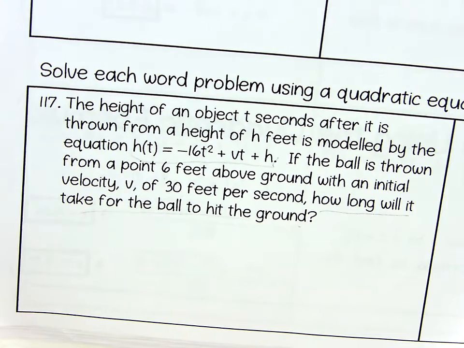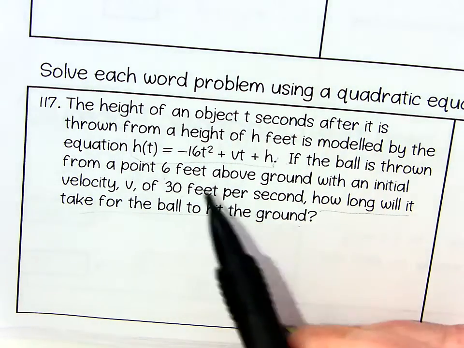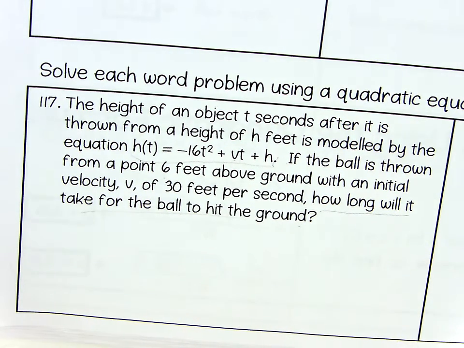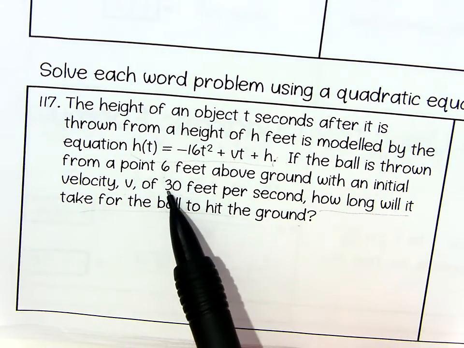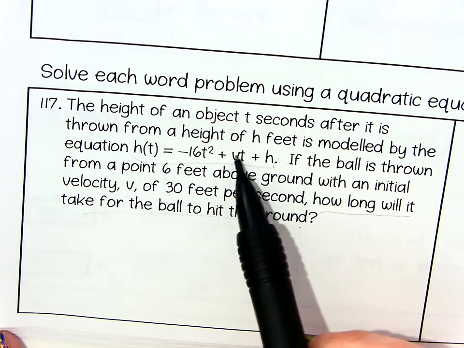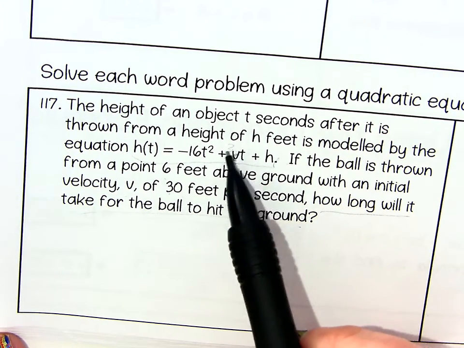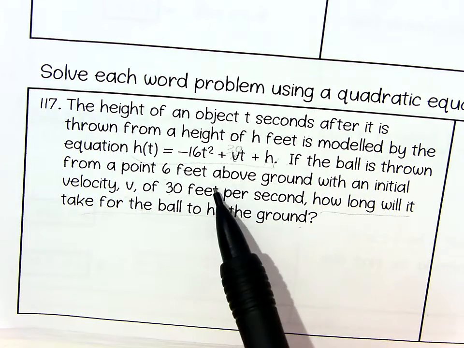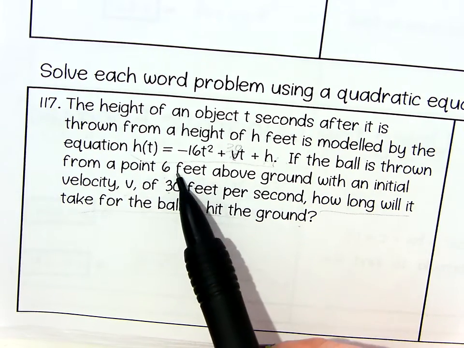It seems like I'm going to be solving for time, so time's going to stay in there. V, well, didn't they give me V? Yes, right here. V, 30 feet per second. So I'm going to replace V with 30. And then H, that's the height that the ball started at, which in this case is 6 feet.